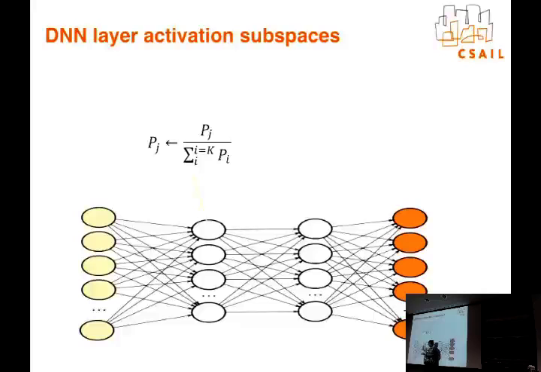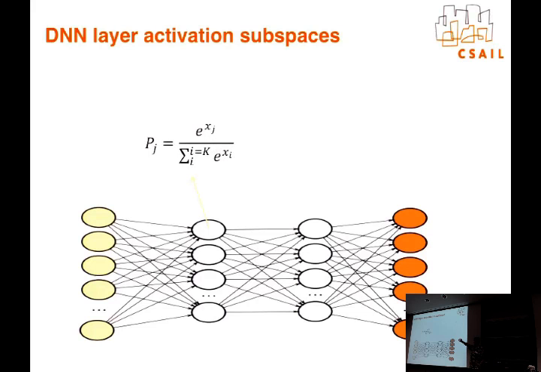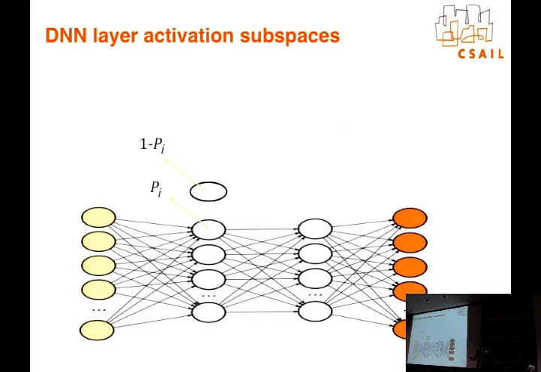Okay, you can also impose softmax. Then for each frame, you propagate and you accumulate. So you have counts here with the assumption that they should sum to 1, the same as GMM weights, and then after that you build a subspace.